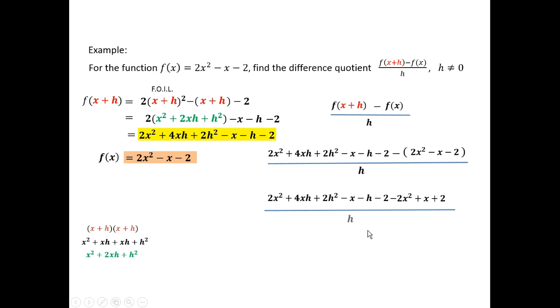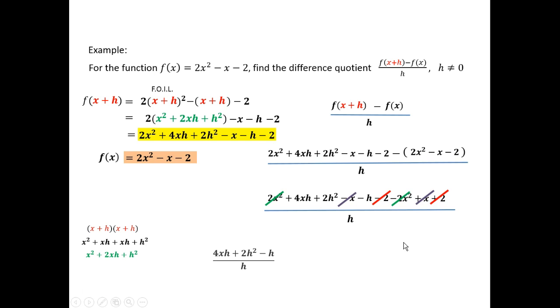And then we put that over h. Now let's see if we have anything that will cancel out. We have a positive 2x squared and a negative 2x squared that will cancel. We have a negative x and a positive x. We also have a negative 2 and a positive 2. That's all we have that will cancel.